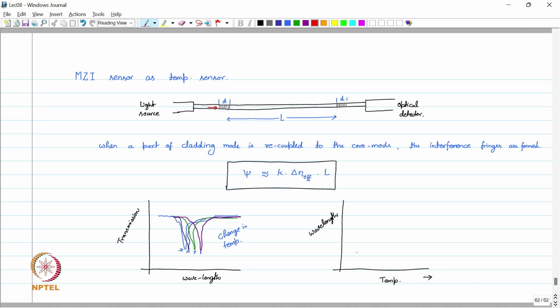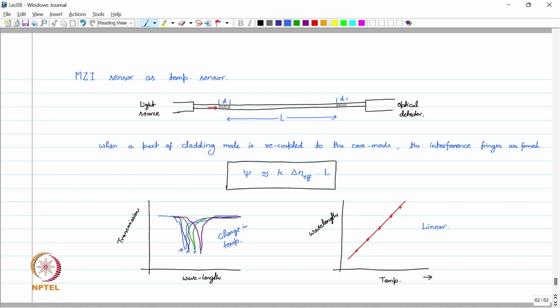We can see a fairly linear graph where this wavelength is linearly changing with the rise in the temperature. This graph is very linear.